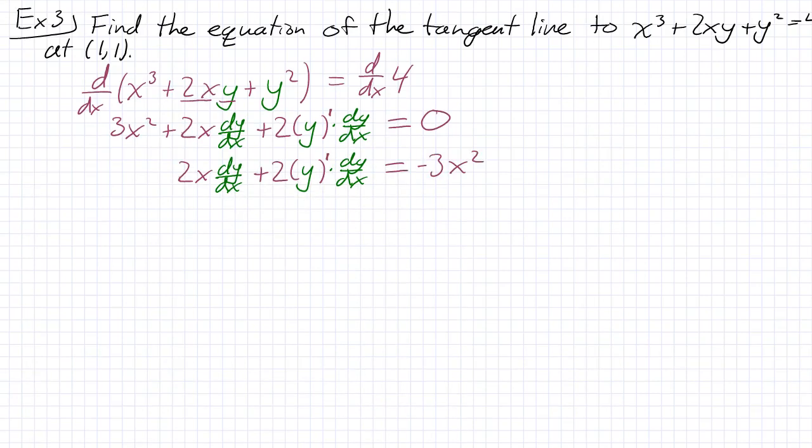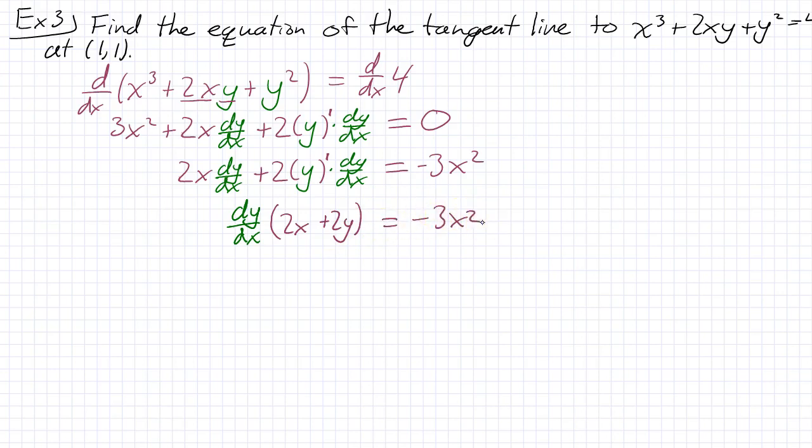And now if both of the terms with dy over dx in them are on the same side of the equation by themselves, we can factor it out, like so. And what will be left on the inside is going to be all this other stuff. There's a 2x plus 2y here, and that still equals negative 3x squared.